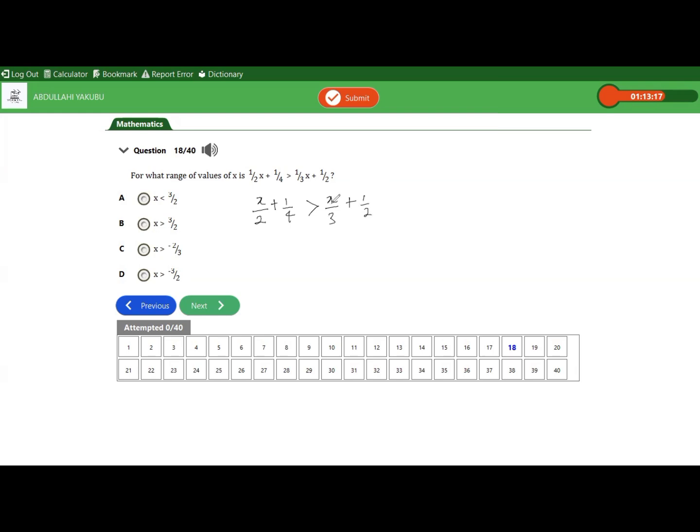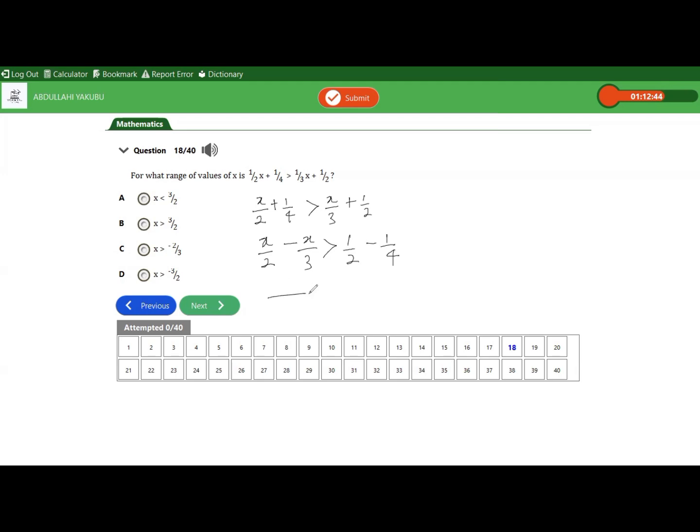So you can collect the like terms. You have x here. Remember, this greater than sign is like an equality sign, so it's dividing this into two sides. So x is on this side, bring them to that side. You have x over 2. Then since it's positive here, on crossing this greater sign, it becomes negative, minus x all over 3 greater than 1 over 2. This one crossing the sign becomes minus 1 all over 4.